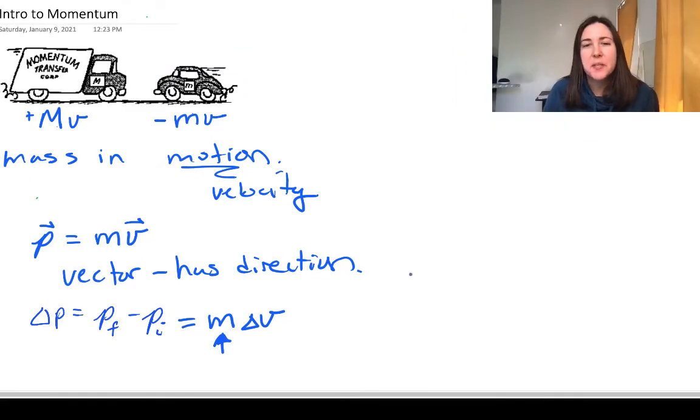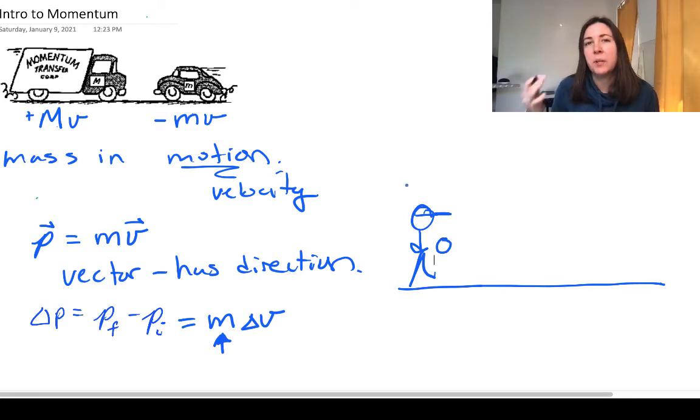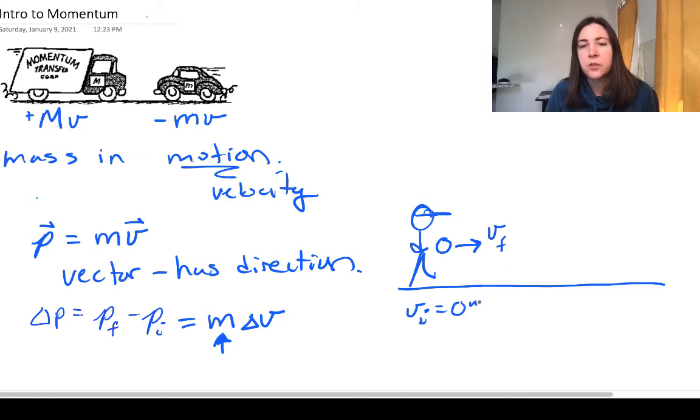So let's talk about the scenario of a person who is going to throw a baseball. Here's their baseball hat. All right, so here's the ball. This person has to apply some force to that ball to get it to travel at some final velocity, V final. So if the initial velocity that it starts with is 0 meters per second, we could talk about the change in momentum of this ball.